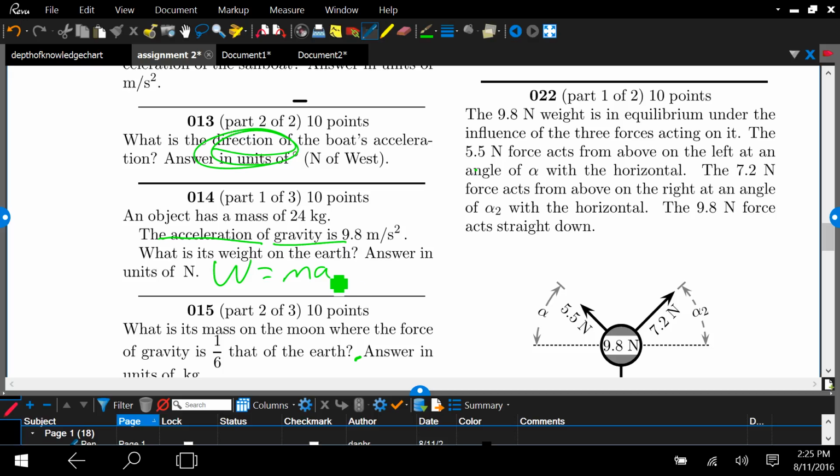You may remember from freshman year, there's a special symbol we use for this, and it's a lowercase g. So a is usually what we use for acceleration, but when we discuss gravity's acceleration, and we're close to the surface of the Earth, and it's 9.8, then we have a special symbol that we use for that.